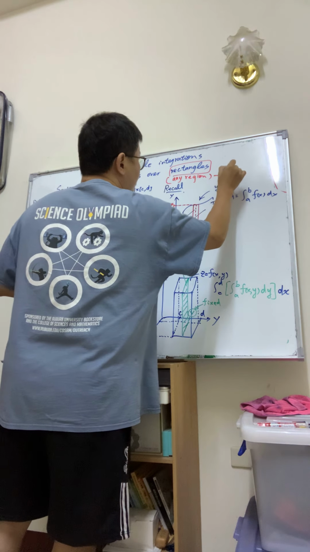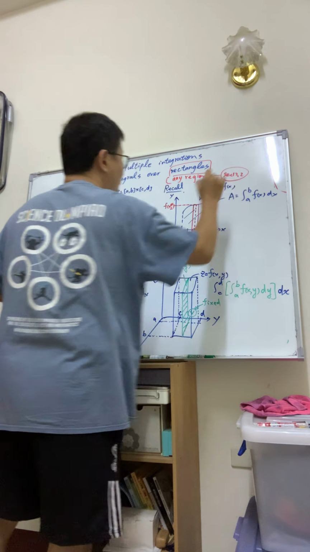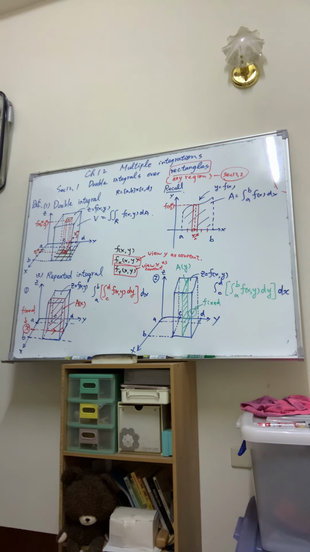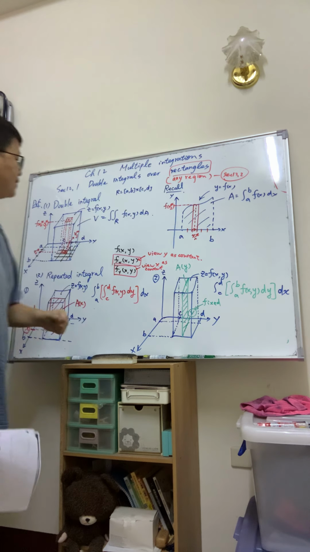It's in section 12.2. If we have time, we could talk about some results in section 12.2. But to prepare for your final exam for chapter 12, you should prepare the results in section 12.1. At least you should know the double integral over a rectangle.